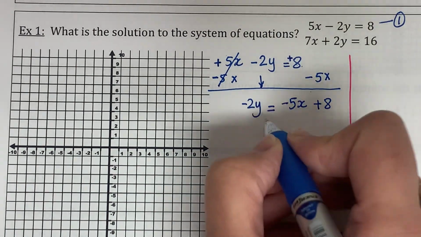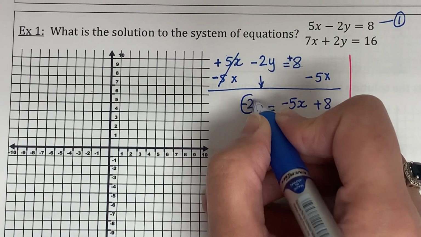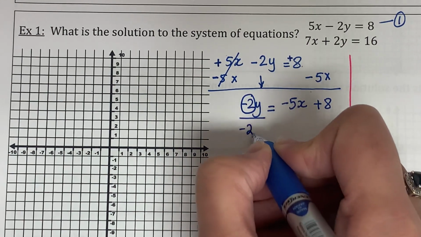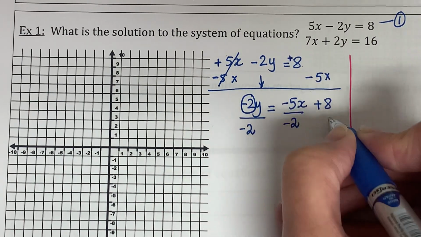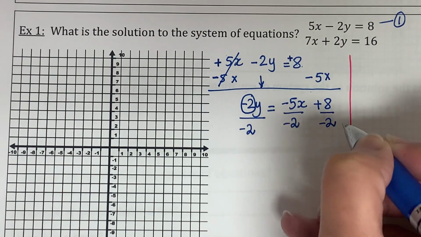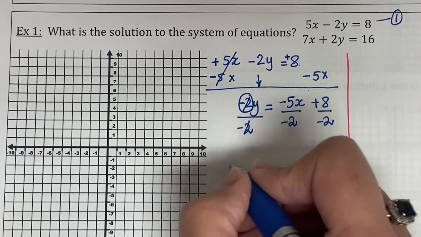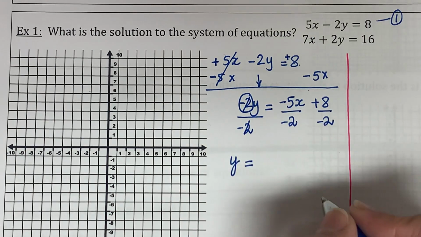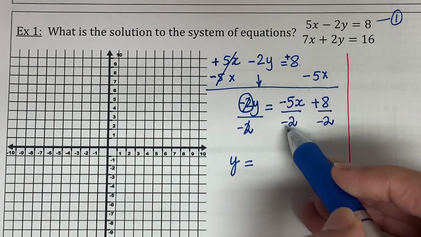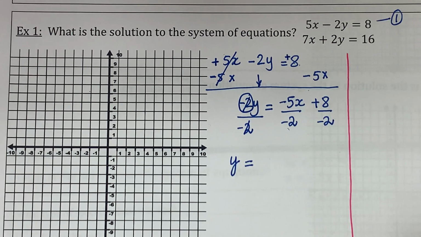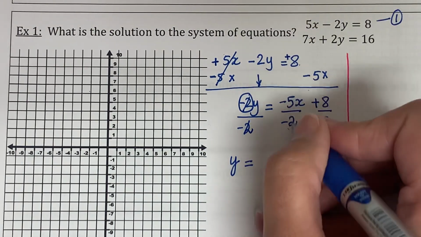All right, almost there. Then you divide by the number over here, which is negative 2. So do not ignore that negative. Negative 2 cancels negative 2. You're left with y equals. Now, you can simplify this in the calculator. So I'm just going to use the calculator to simplify.